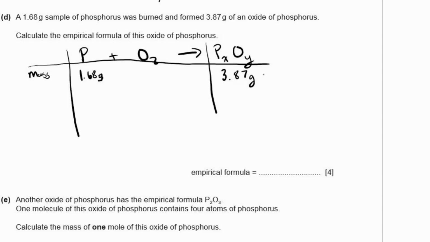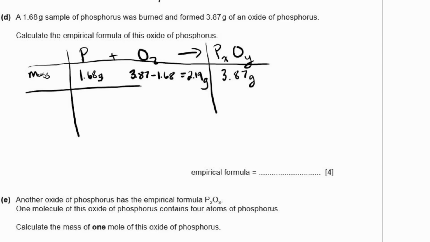And as mass is not created or destroyed, it has to react with the same mass of oxygen. So that oxygen is 3.87 minus 1.68, which equals 2.19 grams of oxygen. Okay, so that's the first bit.